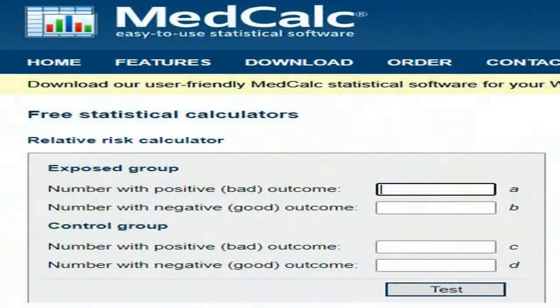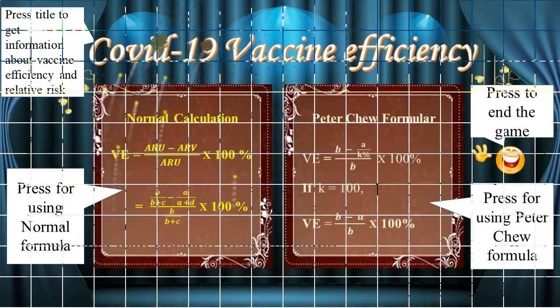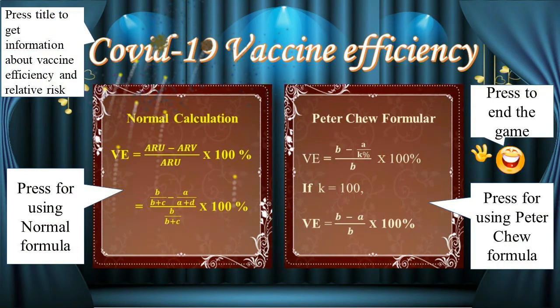Although there are already online calculators for calculating relative risks, such as MedCalc statistical software, existing formulas require more data, and some data is difficult to obtain from public news, which makes it difficult for the public to calculate on their own. As a result, confidence in the effectiveness of the COVID-19 vaccine has declined.